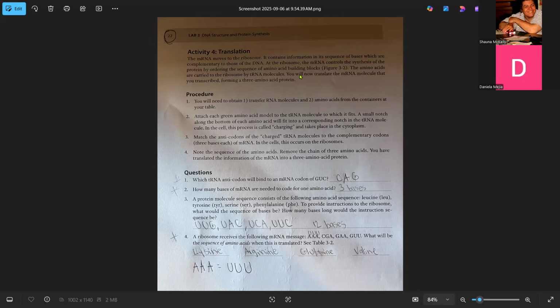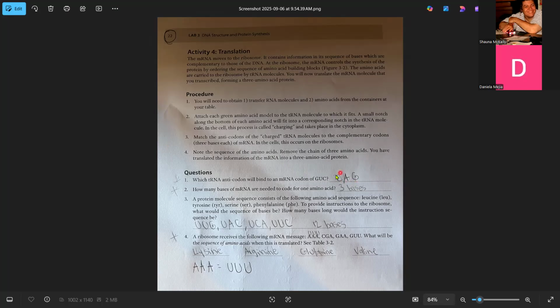So which transfer RNA anticodon will bind to the mRNA codon of GUC? Here you have to use the complementary pairs. So guanine, which is the G, we need the complement for guanine. The complement for guanine would be, so here's the codon. So instead of just looking at one nucleotide, you're looking at a whole codon here.